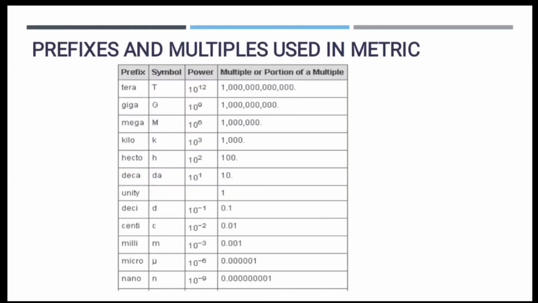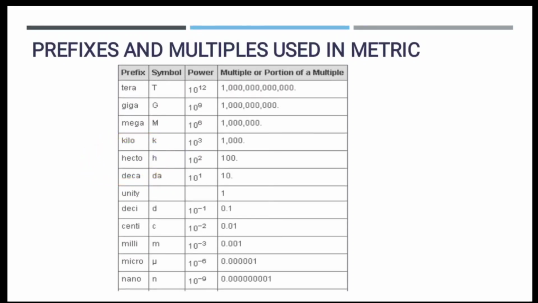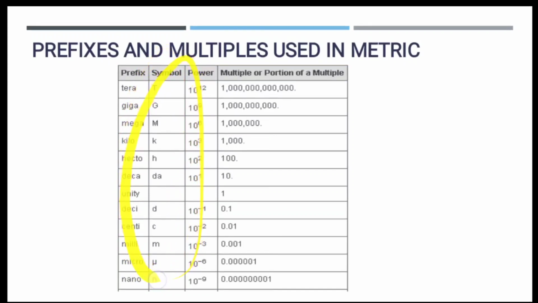So, for example, in length, we are measuring the length. Our unit will be meter. Therefore, its deca will become decameter. This hecto will become hectometer, kilometer, and so on and so forth. Here are the symbols for each prefix.